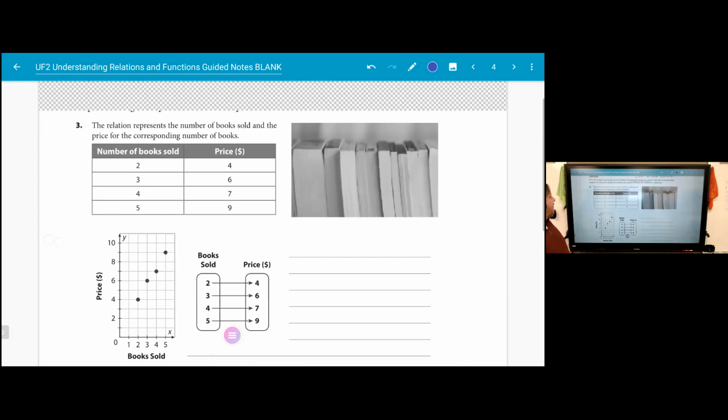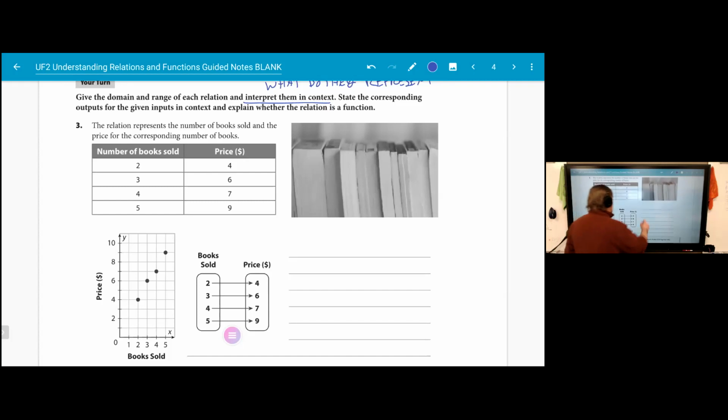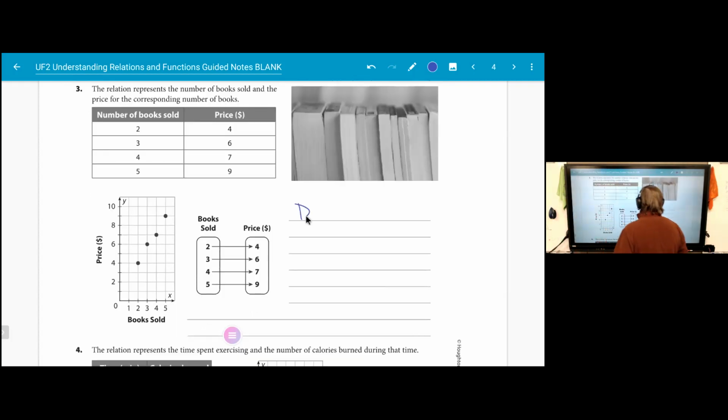The first part says, give the domain and range. The domain are my X values. That is 2, 3, 4, and 5. The range, those are my Y values. Those are 4, 6, 7, and 9.